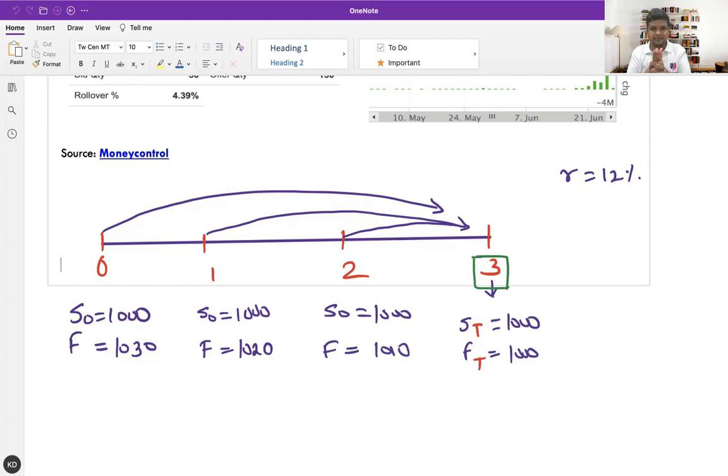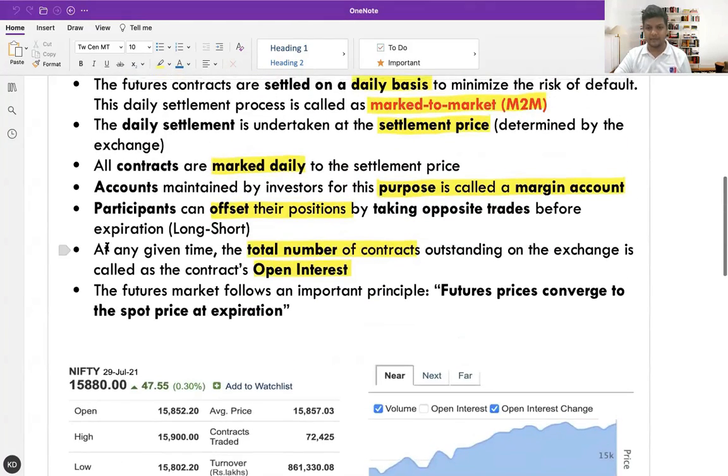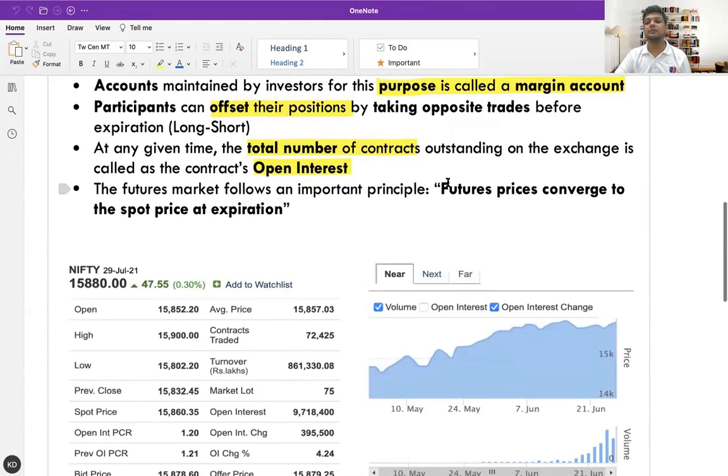Getting this point? This is a very unique feature of futures. The futures market follows the principle that future prices converge to the spot on the expiration. So the future price will be exactly the spot price on maturity, on the last day.